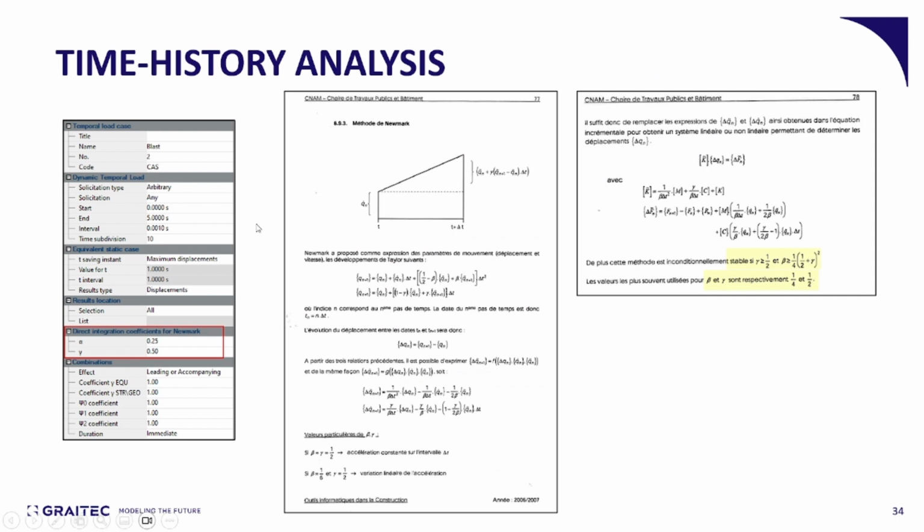For those coefficients, here is some information. Basically, those coefficients are related to the stabilization of the method and the convergence. And here are the values of those parameters as they are proposed by literature.